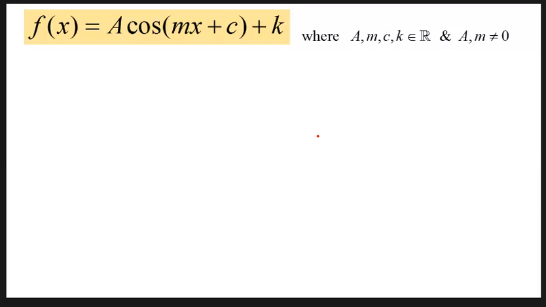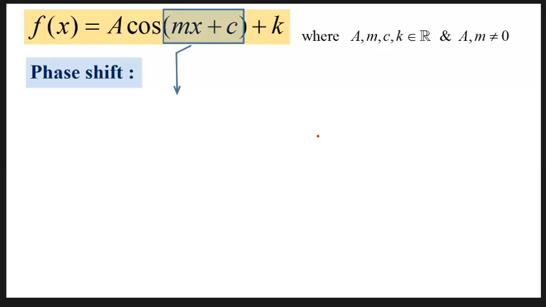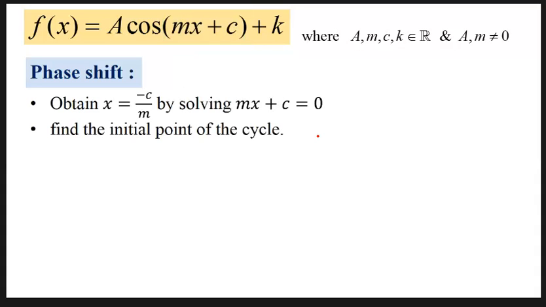Next, let's see some important terms we need to note in order to do graph sketching later. First, the phase shift, which is found by taking mx + c from the function and making it equal to 0. This allows us to find the initial point of the cycle. Let's see what I mean by the initial point of the cycle.